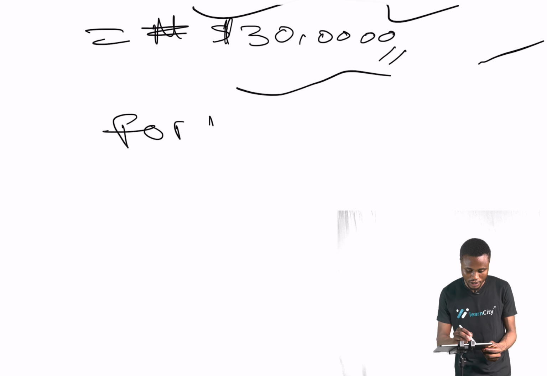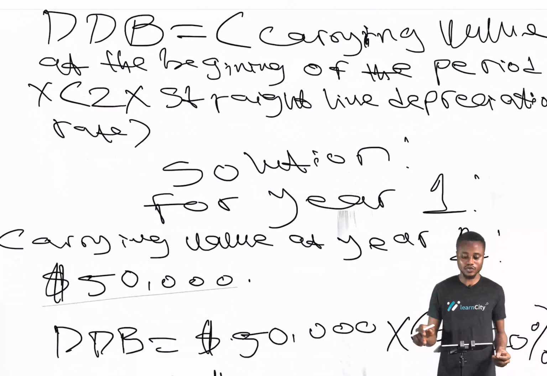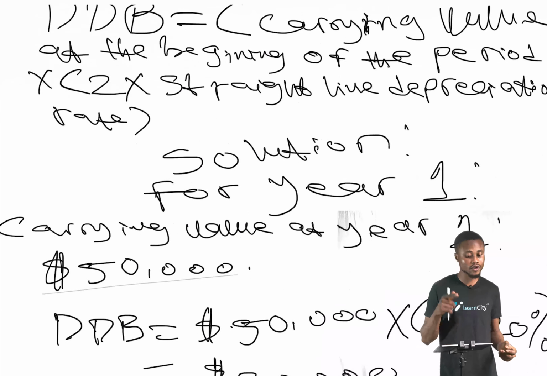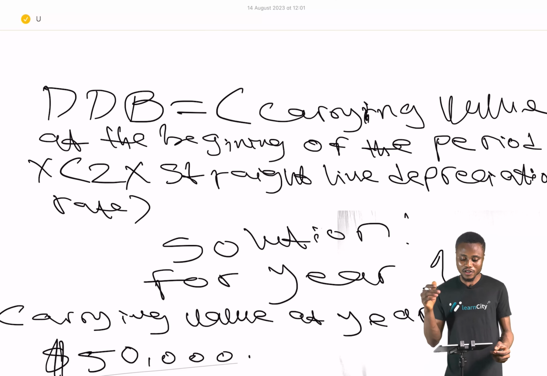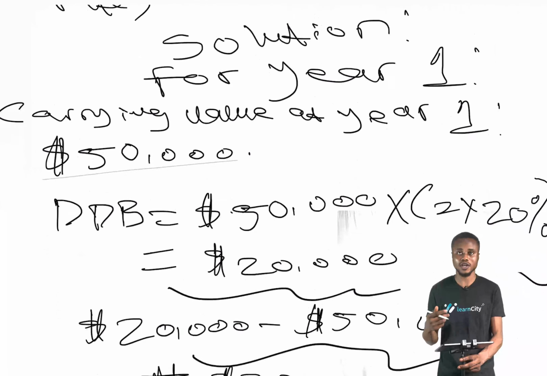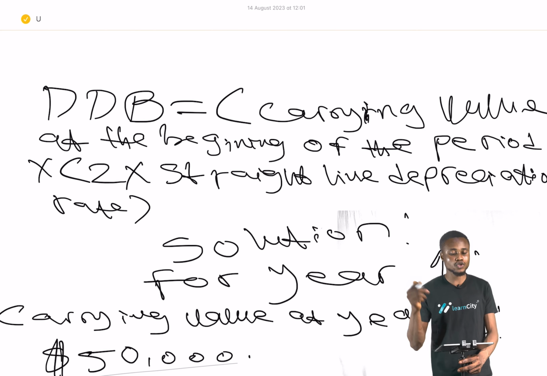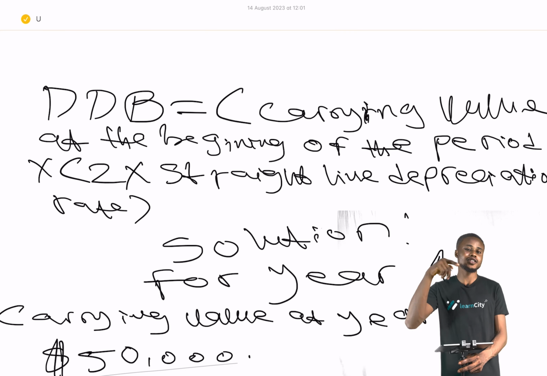To calculate for year two, we are going to apply this particular formula. The same process we applied in year one, we're going to apply with the same formula for year two. To do that, we are not going to use the actual amount, which is the $50,000 in the first year.